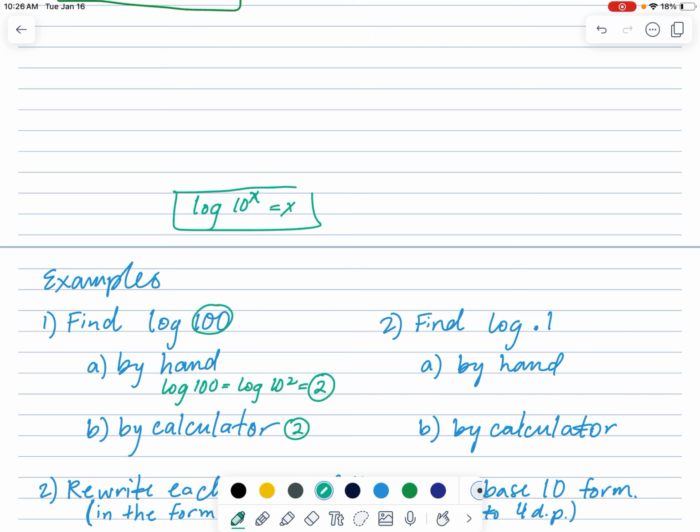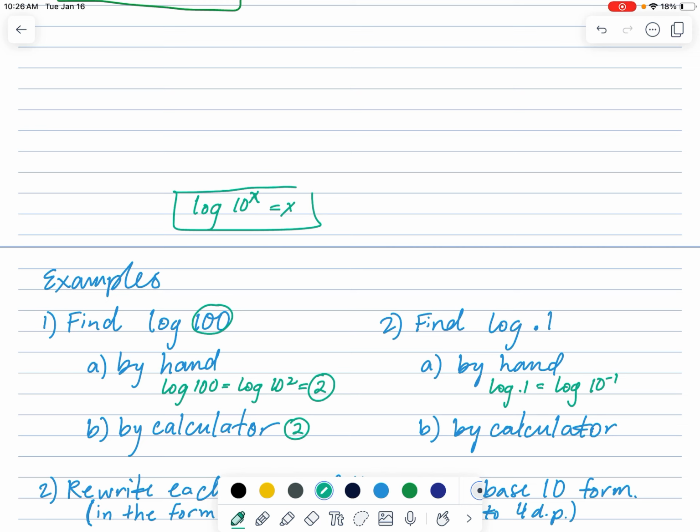For number 2, we're going to find the log of 0.1 by hand. So we want to do the same thing here. We want to write 0.1 as a power of 10. Log of 0.1 equals the log of 10 to what power? You can look back at your reference sheet or remember that's just 10 to the negative 1.